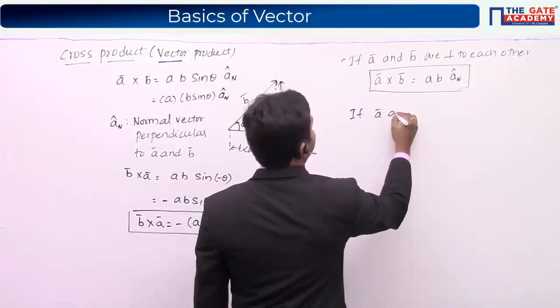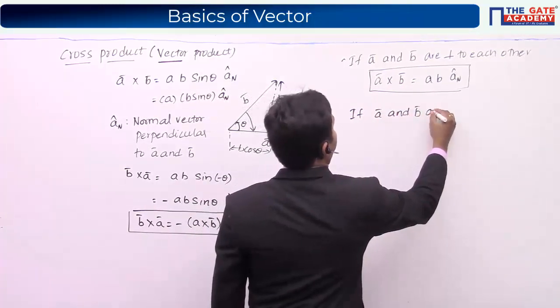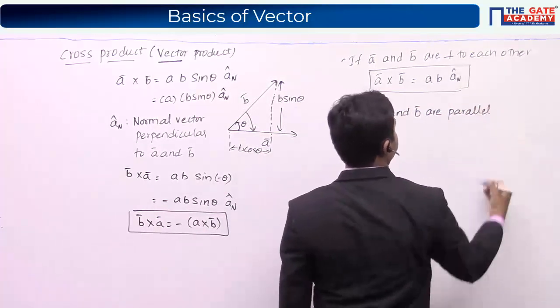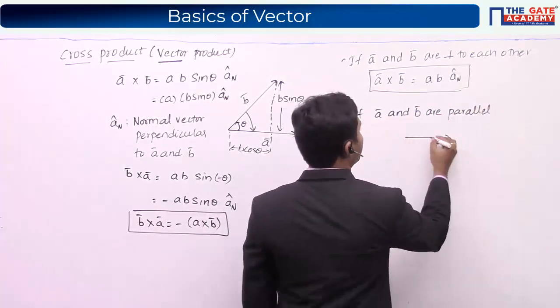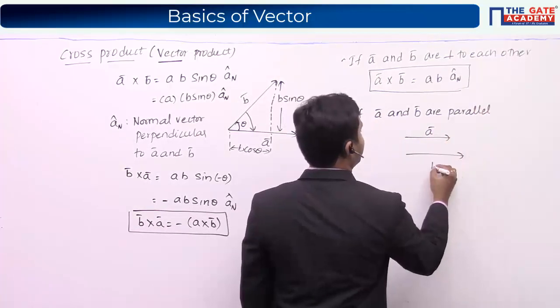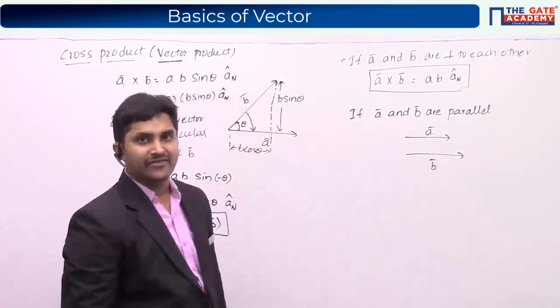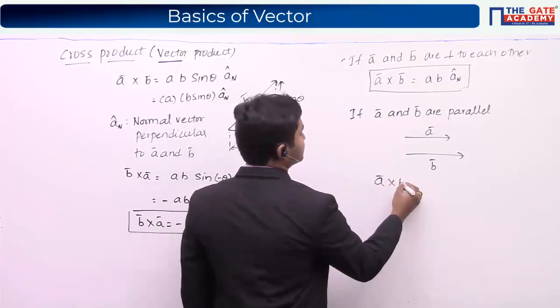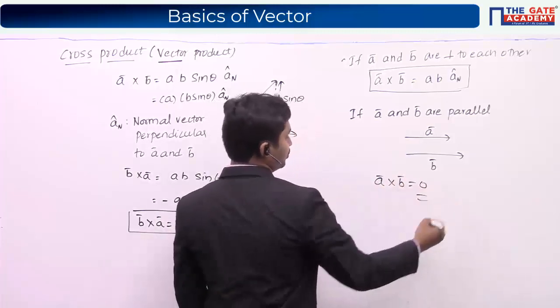If A bar and B bar are parallel, it means they do not have any angle between each other, then the result will be equal to 0.